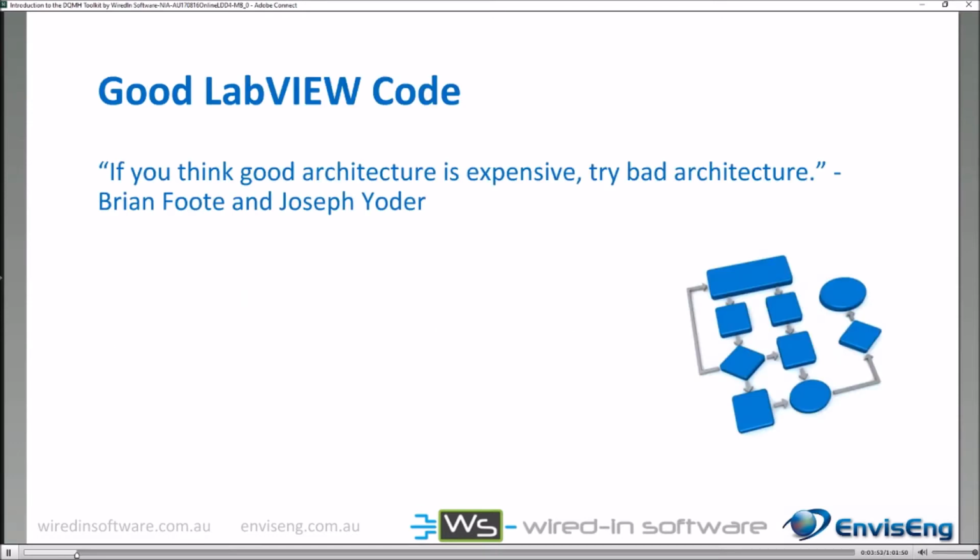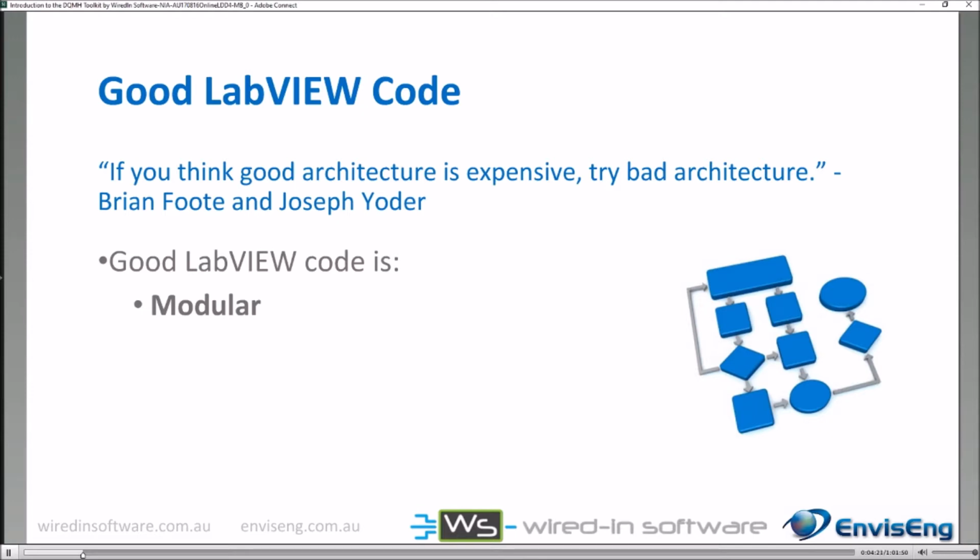So let's talk about good LabVIEW code. So what is good LabVIEW code? For me, there are a few things that come to mind. First of all, good LabVIEW code is modular. A modular architecture allows for expansion. It allows multiple developers to easily work together, and it increases reusability.